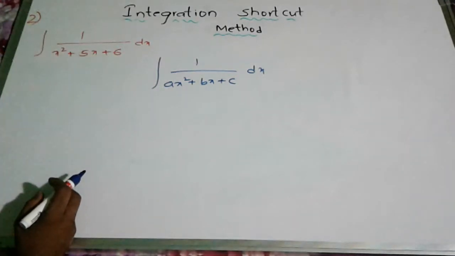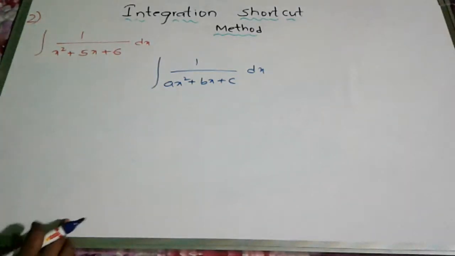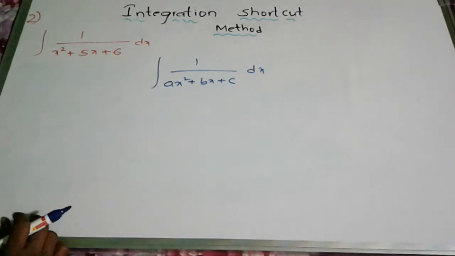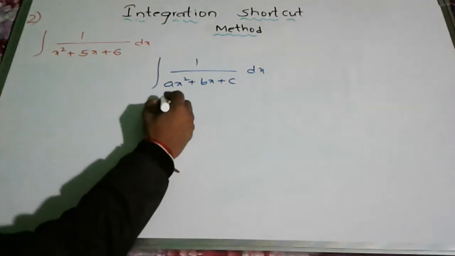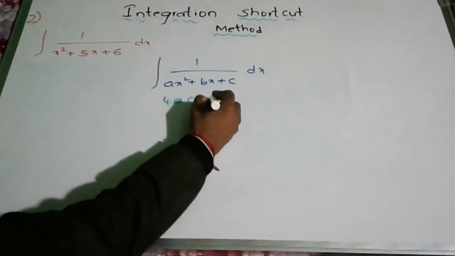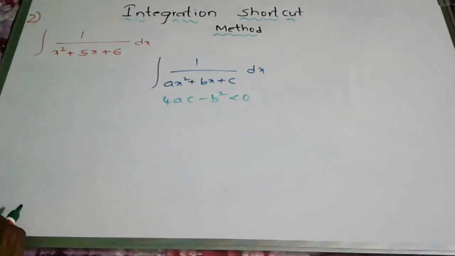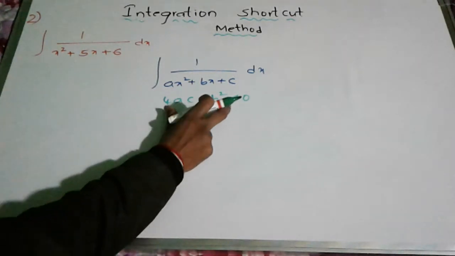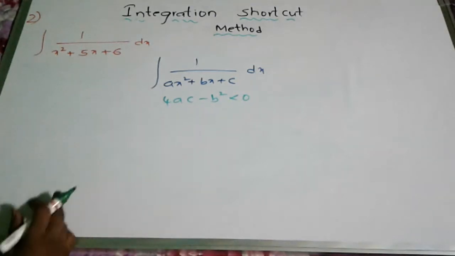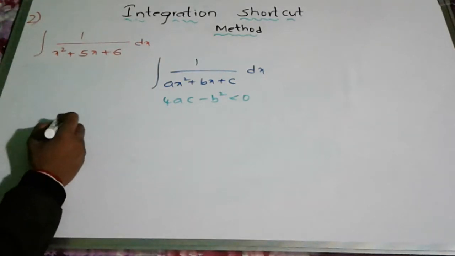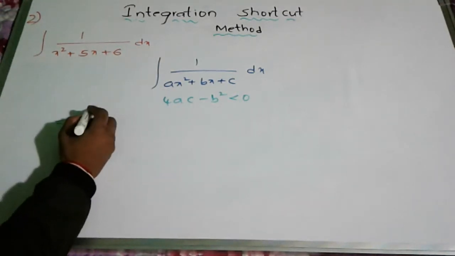And in order to solve this, you must check a condition, that is 4ac minus b square less than 0. If this condition is satisfied, then you can proceed further to the formula, and let me explain that.